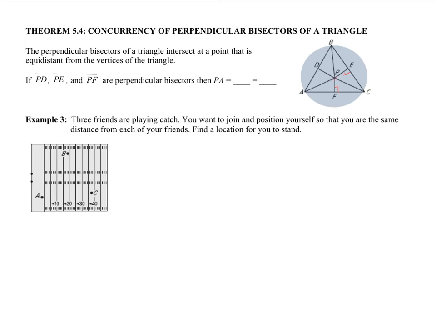So I'm going to extend these lines here. And that PD is also the perpendicular bisector of side BA of this triangle. Then this segment AF would be equal to this segment as well as for this side.